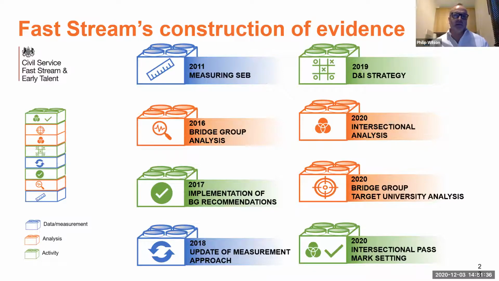And certainly we've been looking at the theme of getting our in-post staff to actually complete the metrics. It's easy, as Laura was saying, to get our applicants to do that, but getting in-post staff to do that is a challenge.